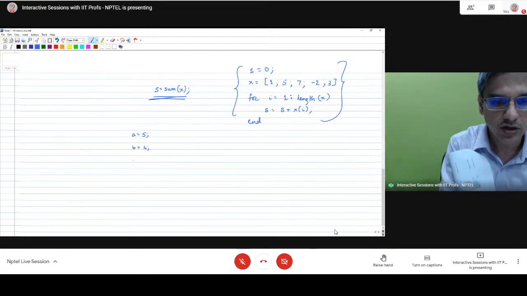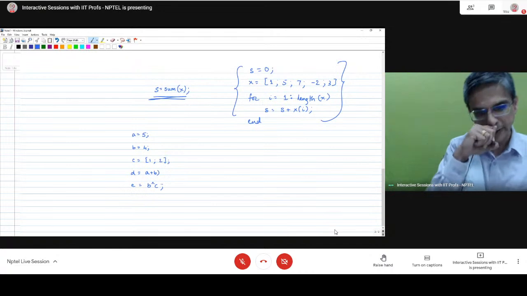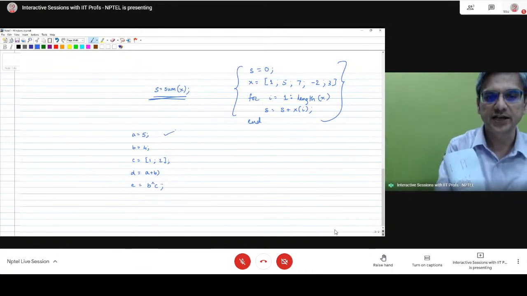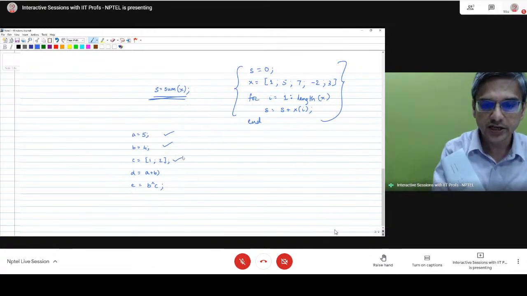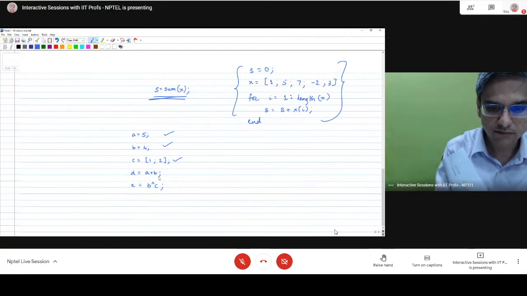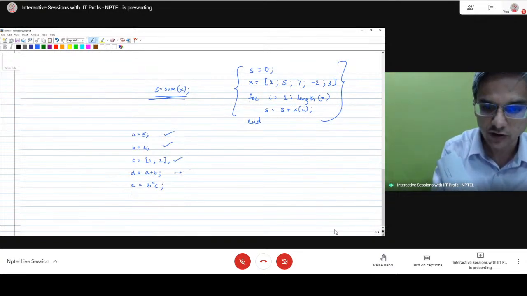B equal to 4, C equal to 1, 2, D equal to A plus B, E equal to B to the power C. This will make A take value 5, B take value 4, C will become a column vector, and D over here will get calculated as a value of 5 plus 4, which is 9.